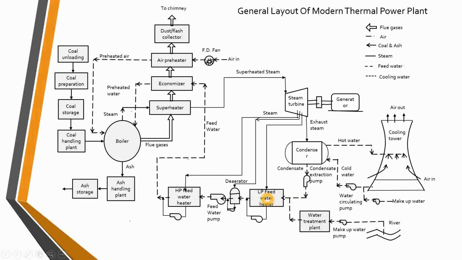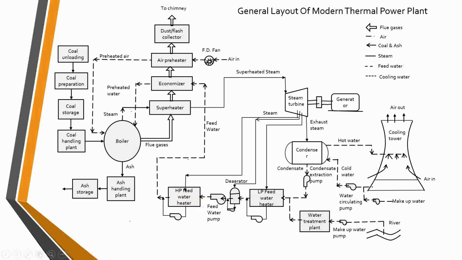This LP feed water heater will increase the temperature of water. Then it passes to the deaerator. The deaerator is a very important part. The deaerator will separate harmful gases from the water, like CO2, NO2, carbon monoxide, CO, those types of gases which are really harmful for instruments. Then it is supplied to the high pressure feed water heater through the feed water pump.